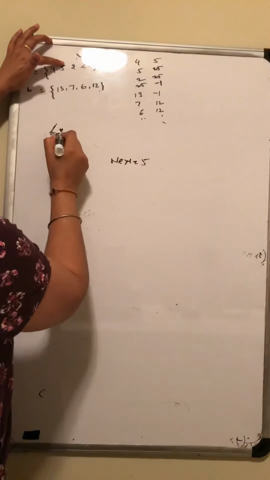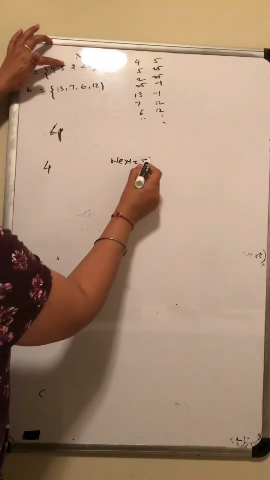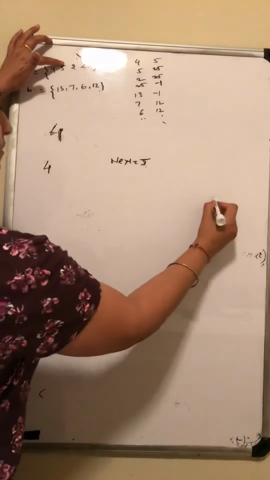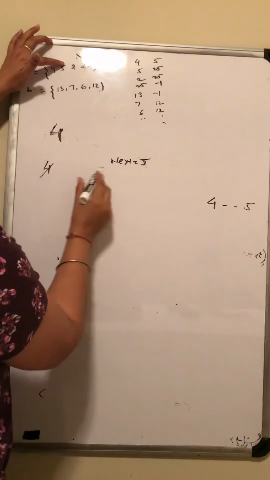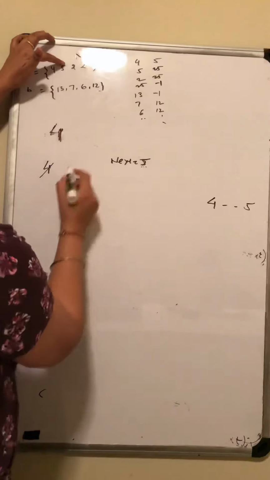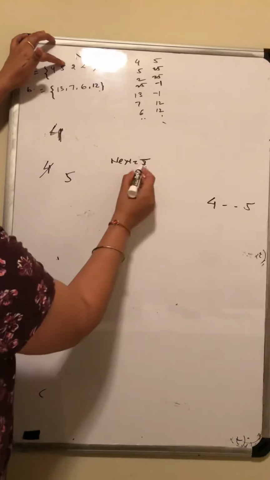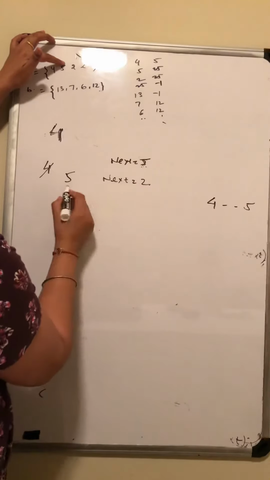I pop the 4 and compare it with 5. 5 is greater than 4, so I will print 4, 5. Then I move to 5 and again push 5 into the stack, and the next will be 2.